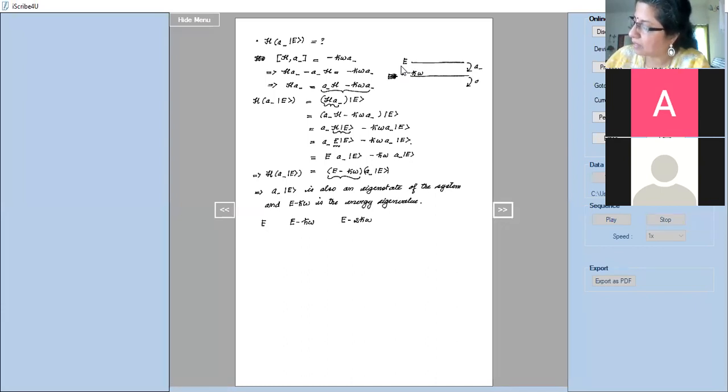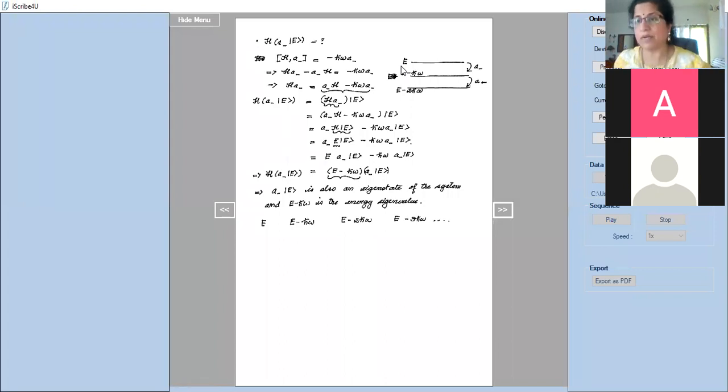You act with A minus again, you get a new energy level, and here now the eigenvalue is E minus 2H cross omega. Then you can go to E minus 3H cross omega, and so on and so forth. I hope everybody has understood this in analogy of what we did with A plus. If you have E as an energy eigenvalue, with A plus you saw that E plus H cross omega is also an eigenvalue, E plus 2H cross omega is also an eigenvalue. And with A minus, you saw E minus H cross omega is also an eigenvalue, E minus 2H cross omega is also an eigenvalue.